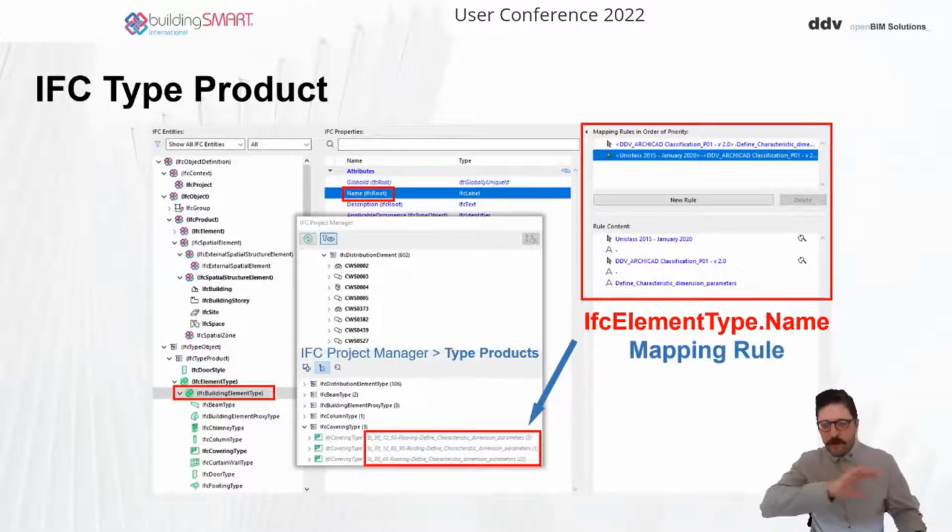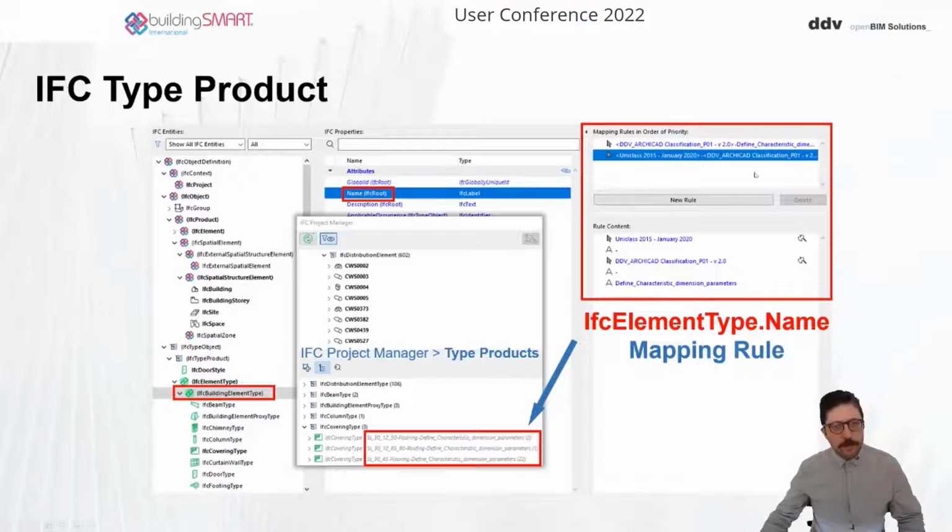In ArchiCAD, the way of creating those types is quite interesting, because you start creating your instances at the very beginning. So you are placing your objects within your model, and at the end of your modeling process is when you are defining which are the types to which those instances are referred to.